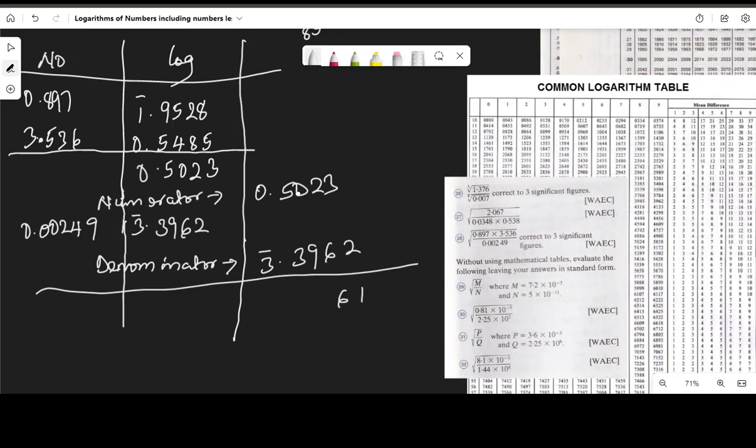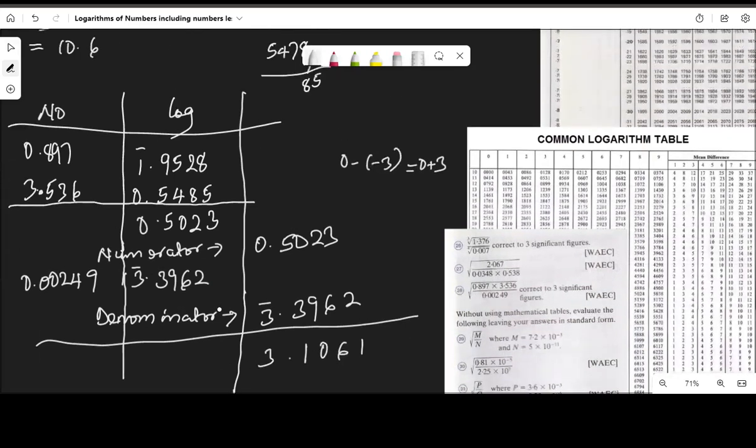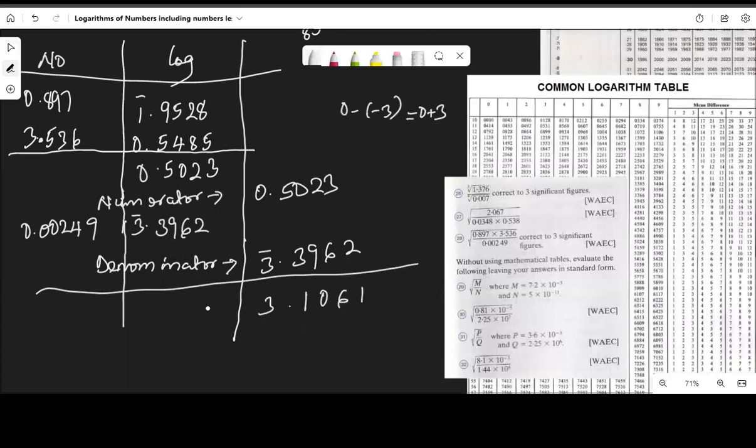Remember I borrow from here, making it 10, then borrow from there. So this remains 9. 9 minus 9 is 0. This remains 4. 4 minus 3 is 1. And 0 minus minus 3 is 0 plus 3, since minus times minus is plus. So we have 3. That is the difference between the logarithm of numerator and denominator.